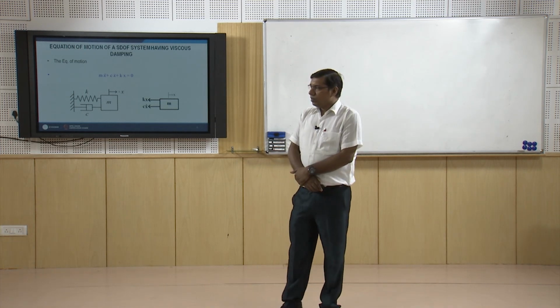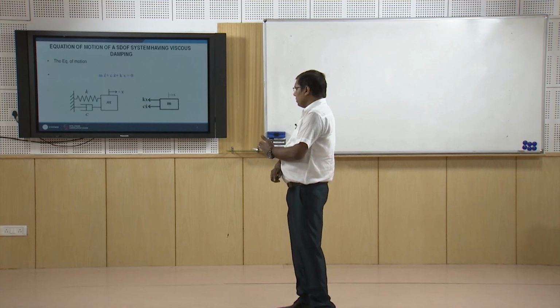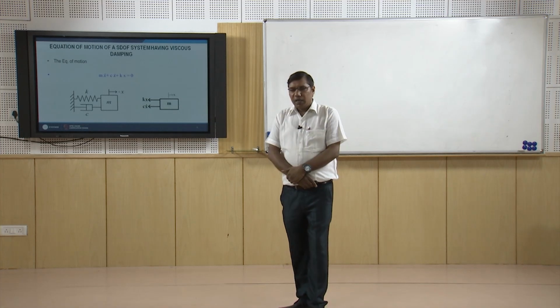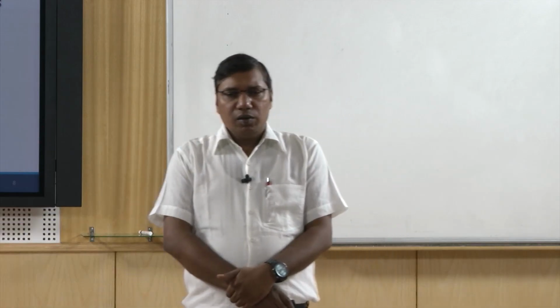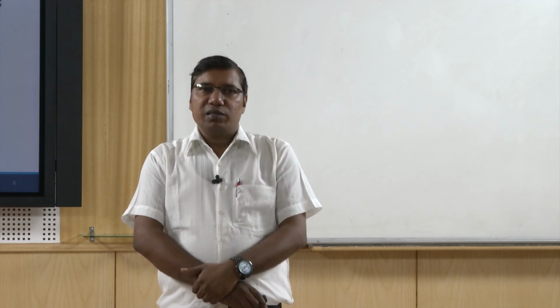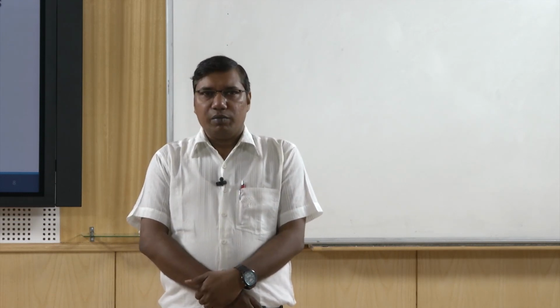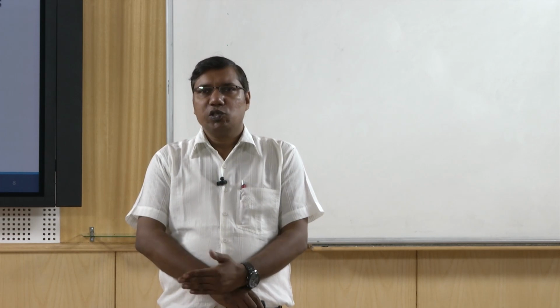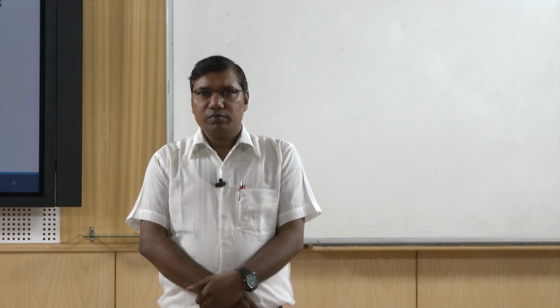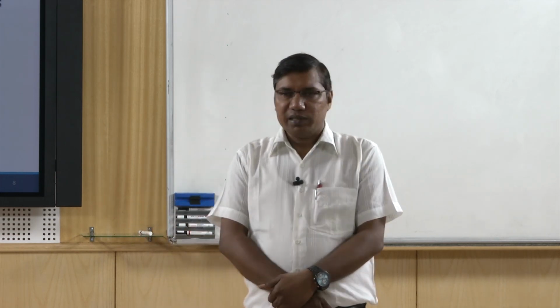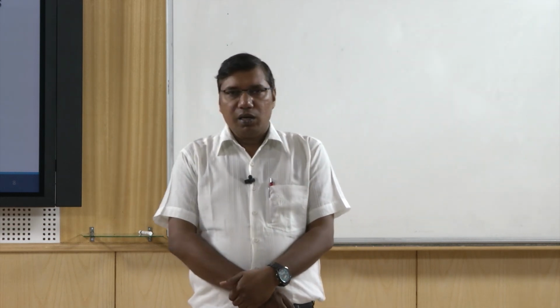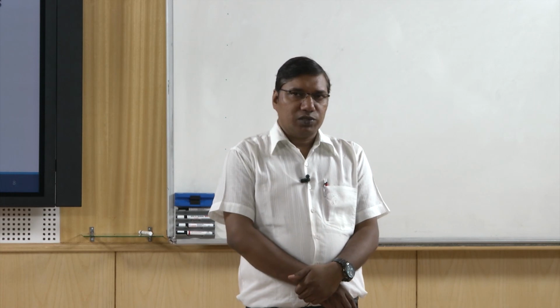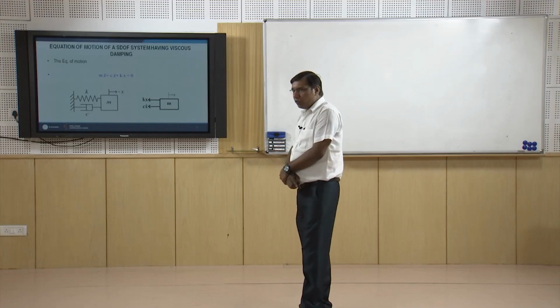Due to the free vibration we will give some initial disturbance to the system, and then we will isolate this mass to make a free body diagram. That means we have to show the forces acting on the body, and then apply Newton's law of motion to write the differential equation. So, let us do it.